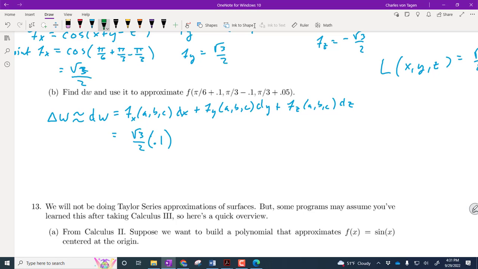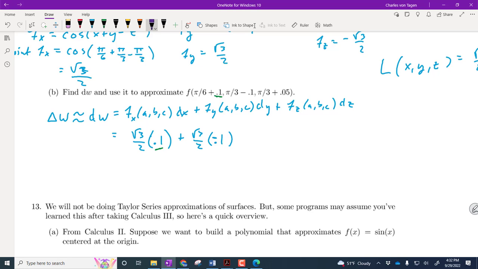It's that 0.1 right there. Plus f sub y, which is the square root of 3 over 2, times this, oops, that should be negative 0.1.